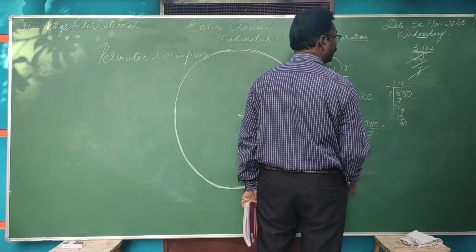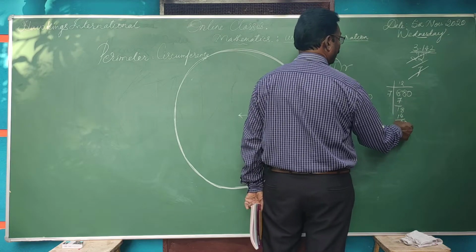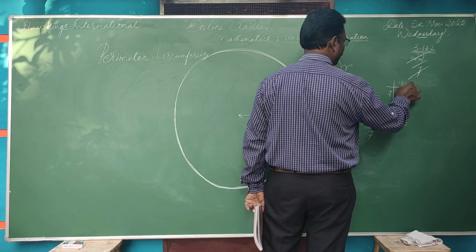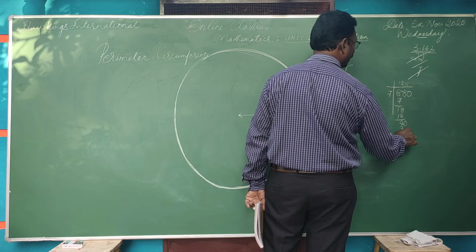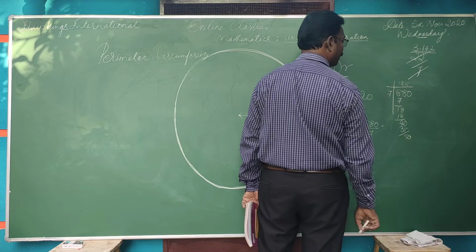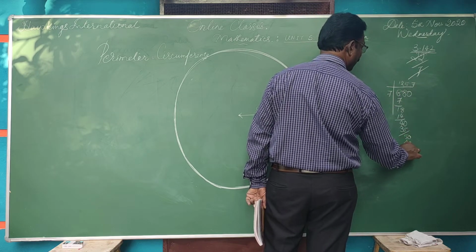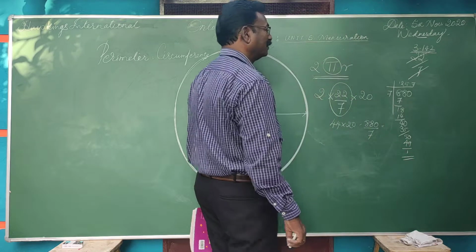Bring this 0 down. 7 5s are 35, 5 remaining, point 0. 7 7s are 49, remaining 1, just leave it.